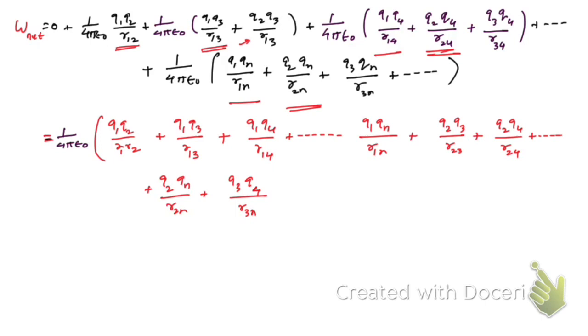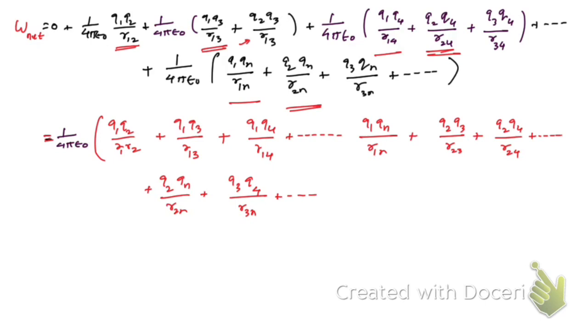When we start with q2, the other source should be q3, and when we start with q3, the other source should be q4. So hope you can observe this pattern, just observe it carefully.